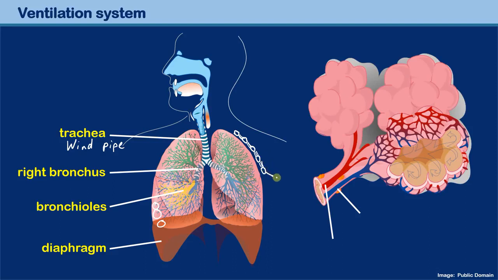So these over here are the ribs, and between the ribs, I'm going to draw a line up here, you have the intercostals. There are two types of them, and they're used for forced inhaling and exhaling. Unfortunately, the picture, nice as it is, did not show these important muscles.